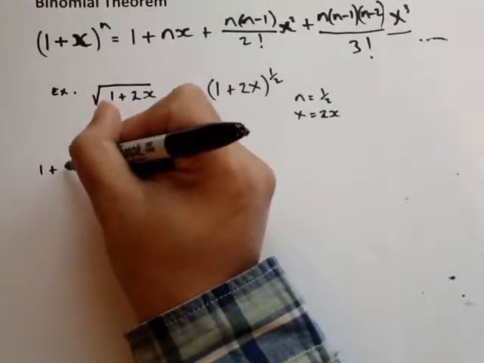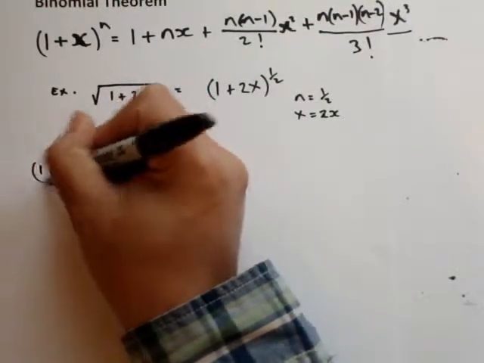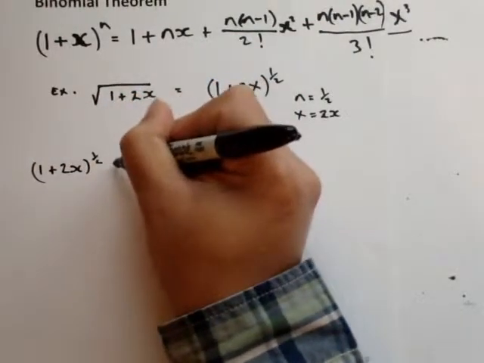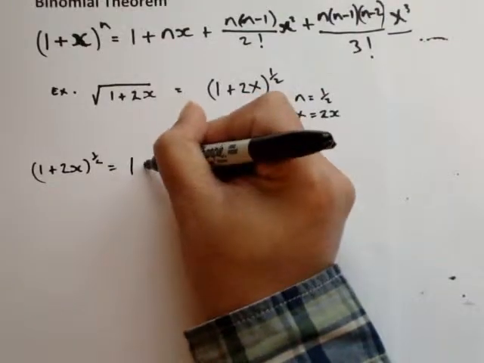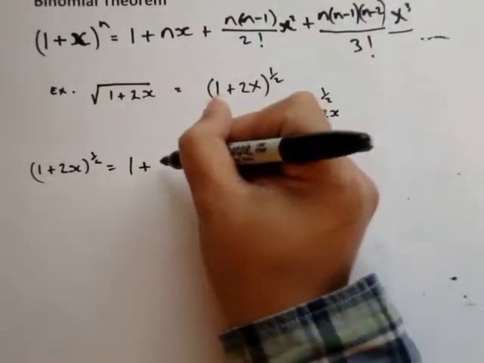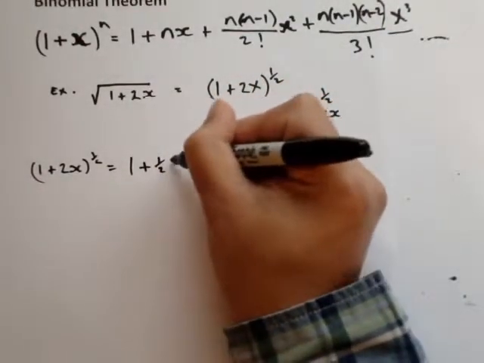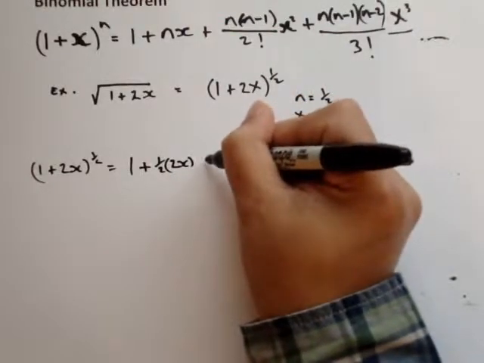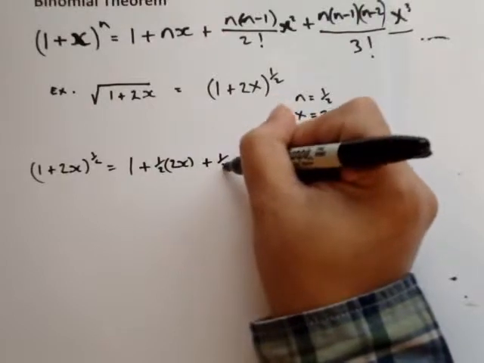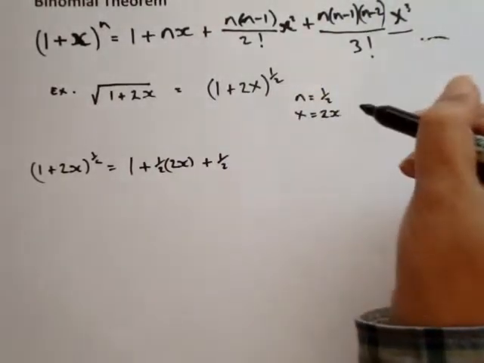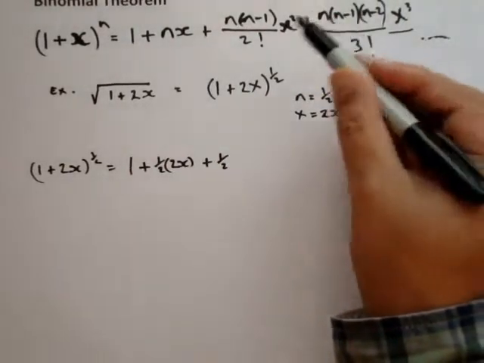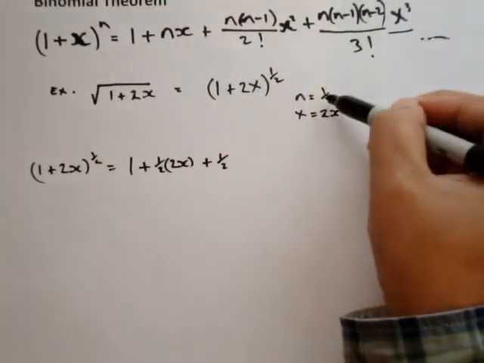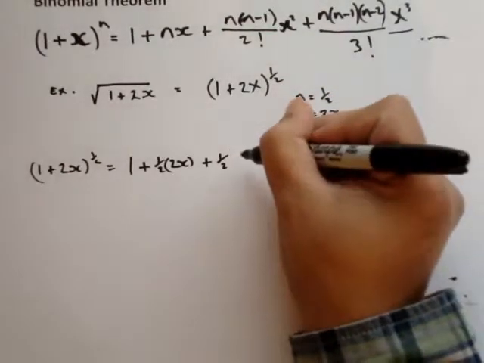1 plus 2x to the half. This is equal to 1 plus the half, which is n, times x, which is 2x, plus a half, and then we multiply by n minus 1, so half minus 1 is minus a half.